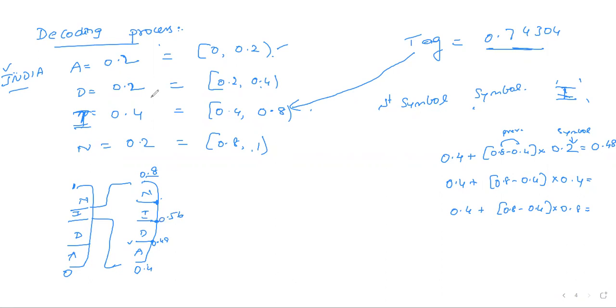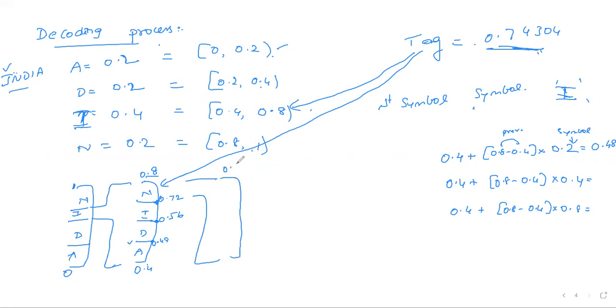Next value is 0.72. Okay. Now observe here the tag. For this new interval, which symbol does the tag belong to? N. Okay, so the next symbol is N. We have to transmit N. So the interval is 0.72 to 0.8.